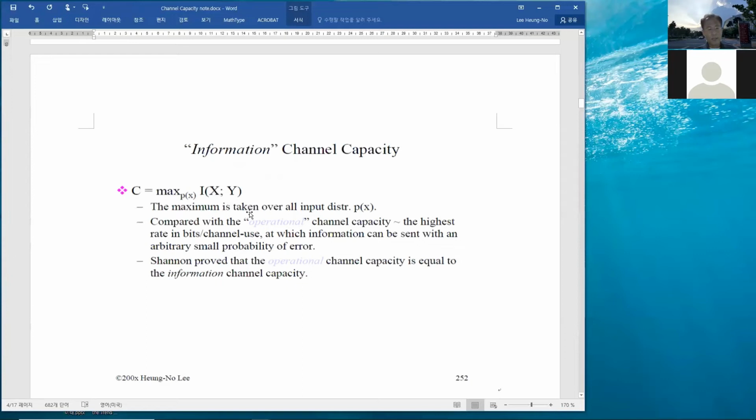So the maximum is taken over all possible input distributions P of X. This is well defined mathematically.